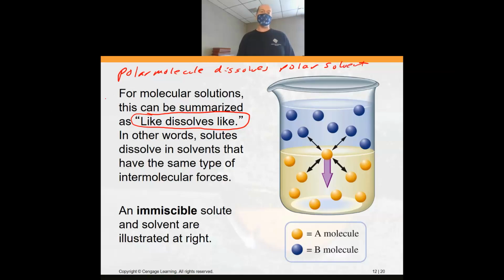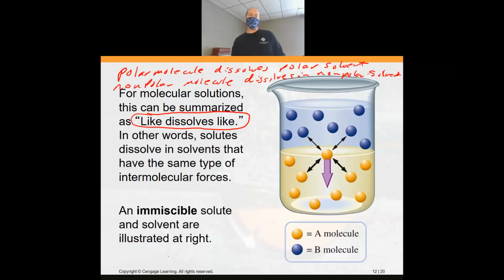If you had a non-polar molecule and you wanted to dissolve that, you would have to dissolve it in a non-polar solvent. Like dissolves like. The more alike the two things are, the more that they will dissolve.